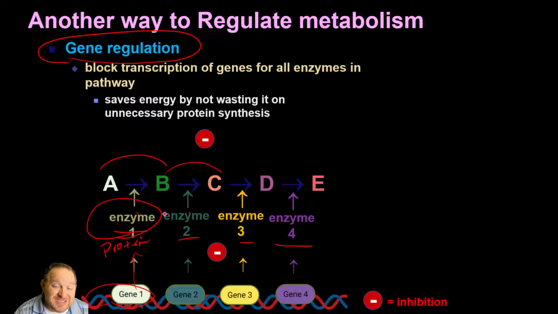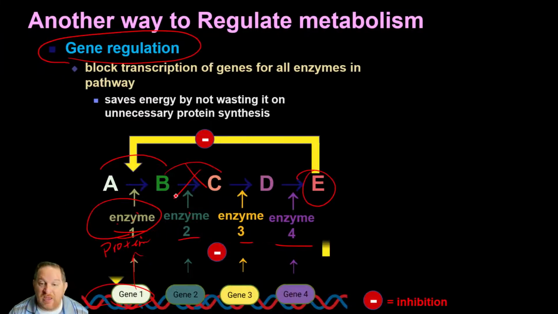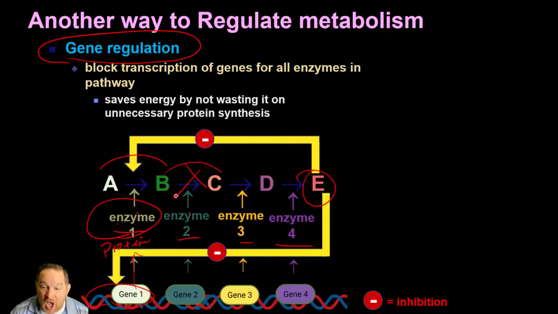So if I don't want any of chemical E to occur, all right, I don't want this process to take place at all, what we can essentially do is block the gene from being made. So in some cases, chemical E can actually go down and block the transcription of the gene so it's not even made into an enzyme.